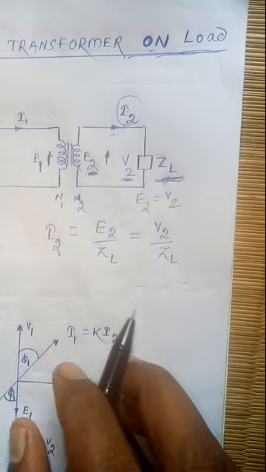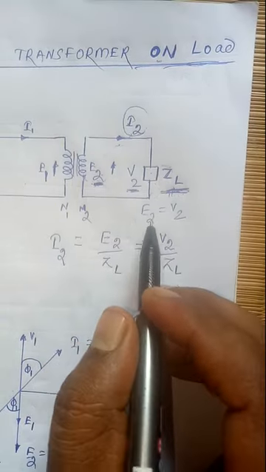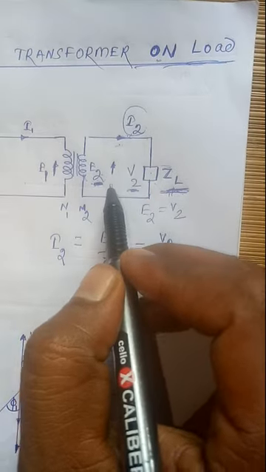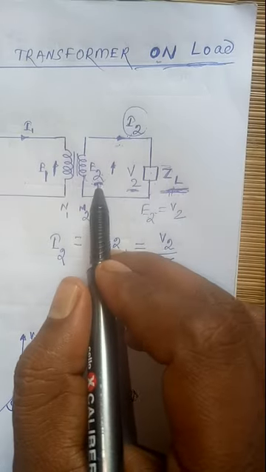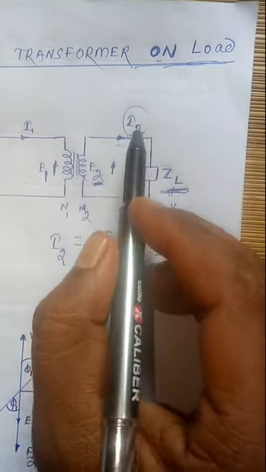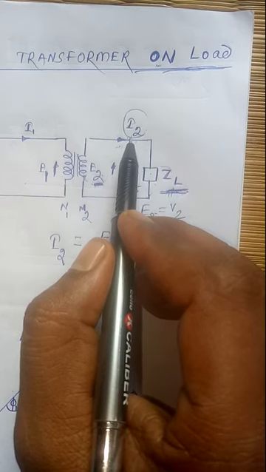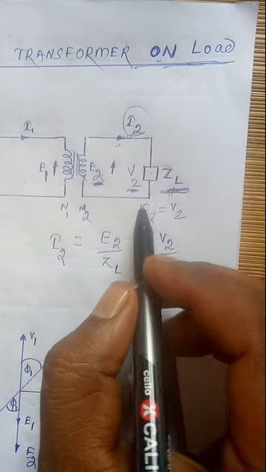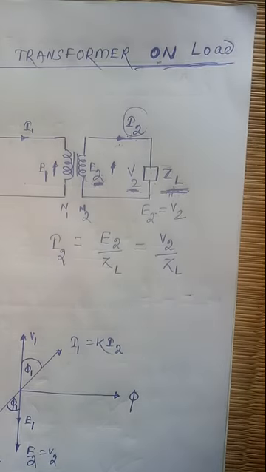Now the angle at which I2 leads or lags V2: as E2 is equal to V2, both are the same. The angle at which E2 leads or lags V2 depends upon the resistance as well as the reactance of the load.